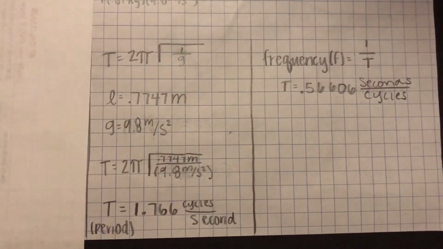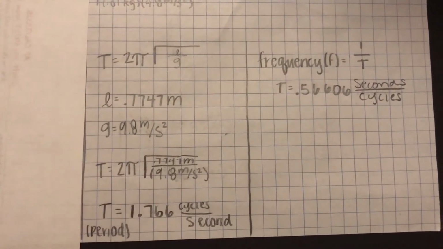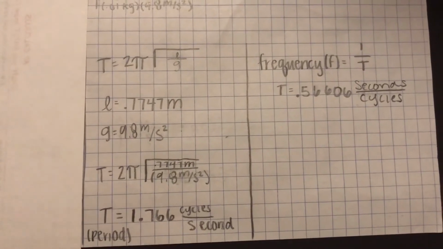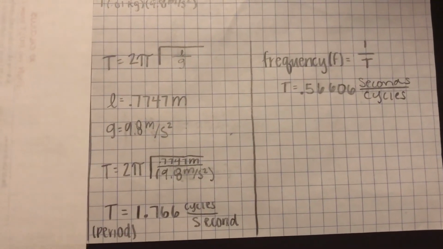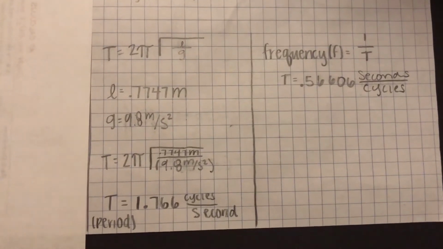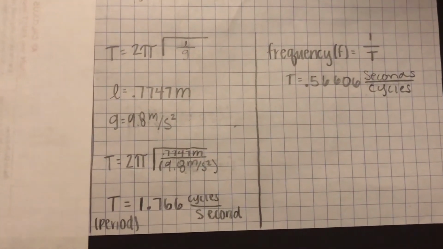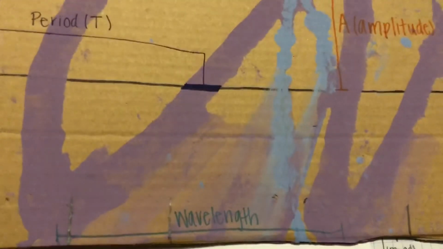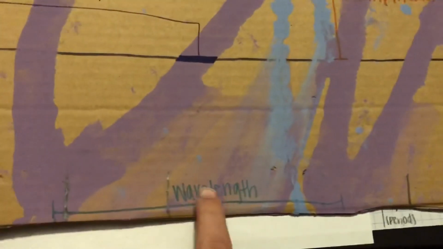Since I already had my period figured out, I figured I'd just figure out frequency while I was at it. I ended up getting 0.56606 seconds per cycle, which I really struggled with because it didn't really seem to match up, but once I started thinking about it, it started to make sense. When looking at the frequency, I already discussed it. It's kind of related to wavelength, which you can see I have marked here on the bottom.